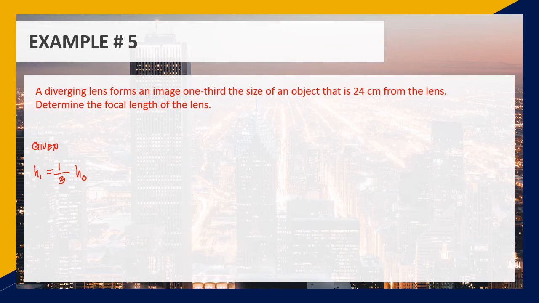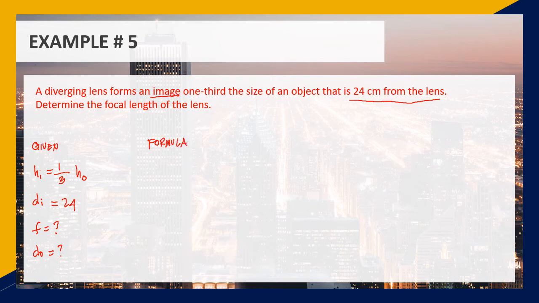Then the distance of the image is 24, right? Since the image is what is being discussed, this is the image 24 centimeters from the lens. So determine the focal length of the lens. Before we can get the focal length, we need the distance of the object first, right? Okay? Formula.